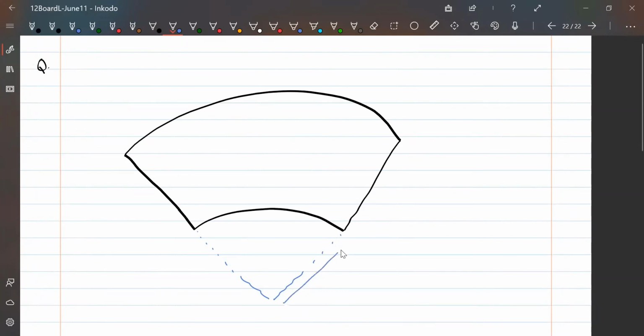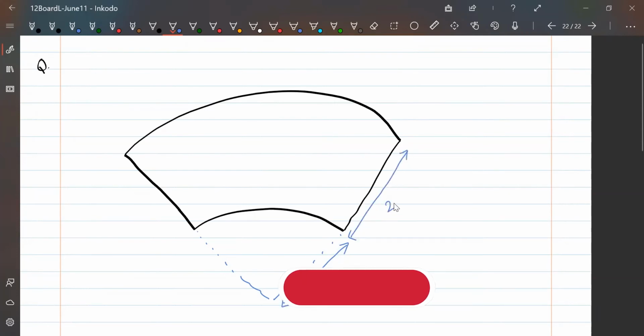Let us say this radius is 1 millimeter, and the radius of the bigger circle is 2 millimeter.